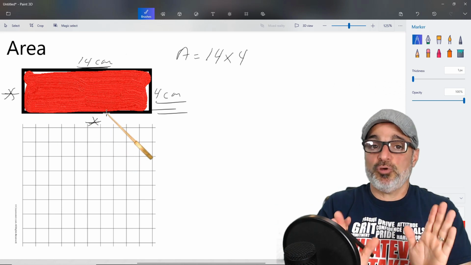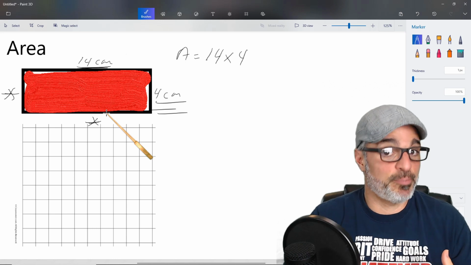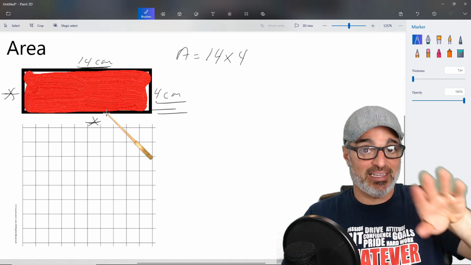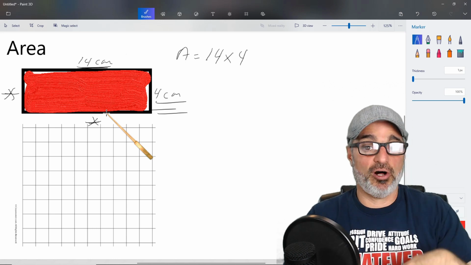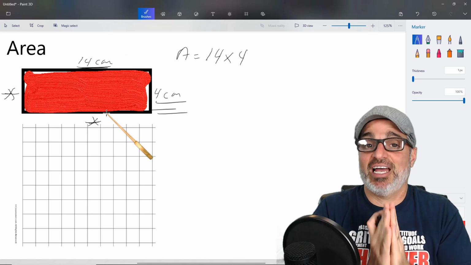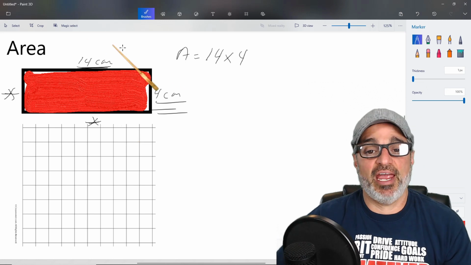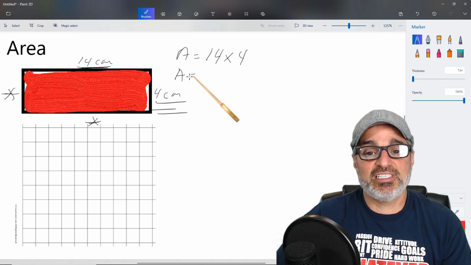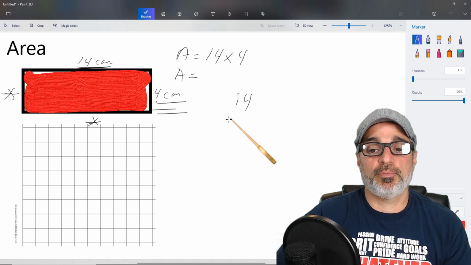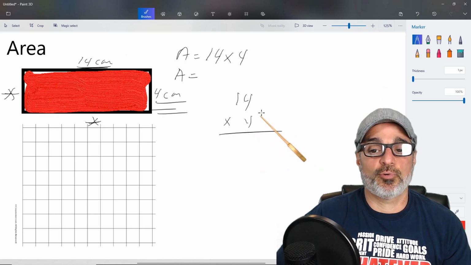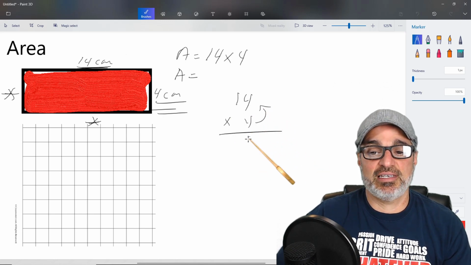But that doesn't help you here unless you're going to calculate perimeter, in which case you have to add them all. For area, you just have to multiply two sides, the width and the length. So the area in this case would be 14 times 4. 4 times 4 is 16.